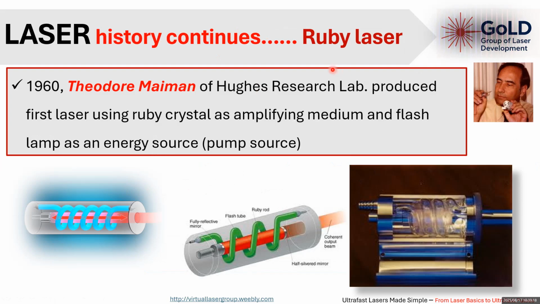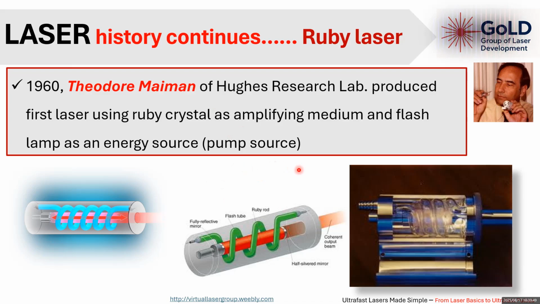So the most important thing in the history of laser, I mean, the ruby laser, was invented by Theodore Maiman. He was basically an engineer, and he was working in huge research laboratories, and that first time he worked on it.